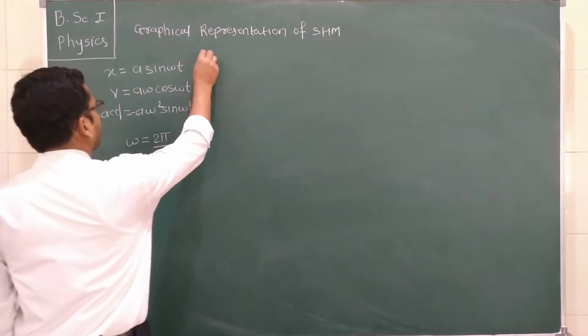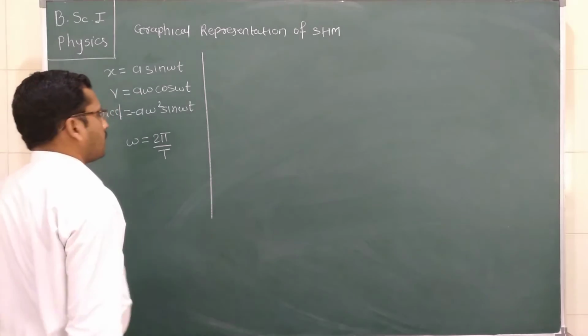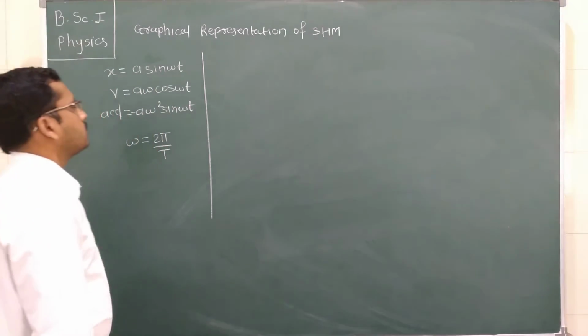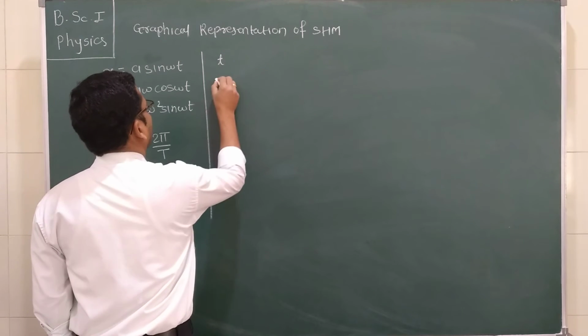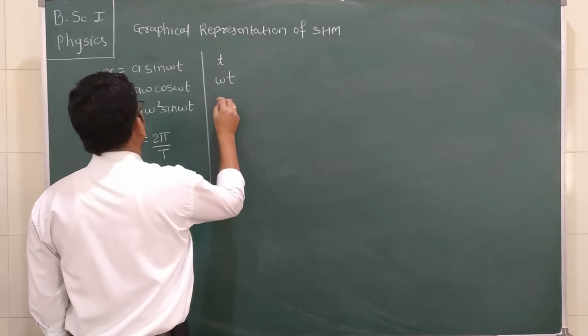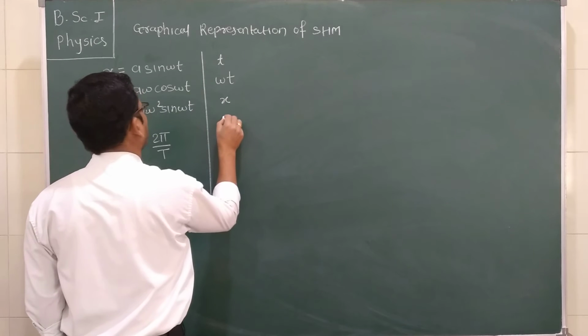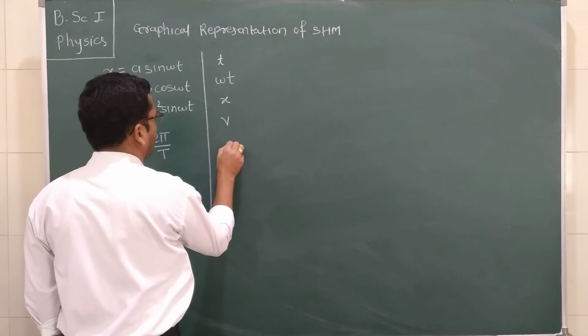So while writing the observations, we can write t, omega t, displacement, velocity and acceleration.